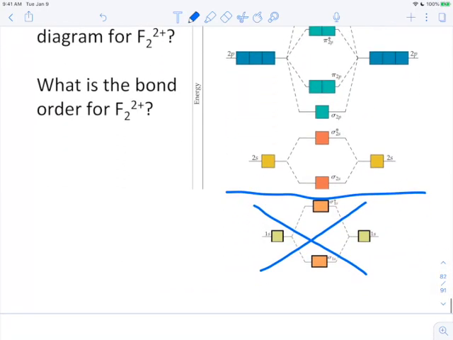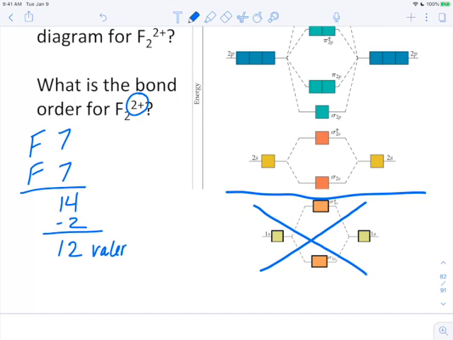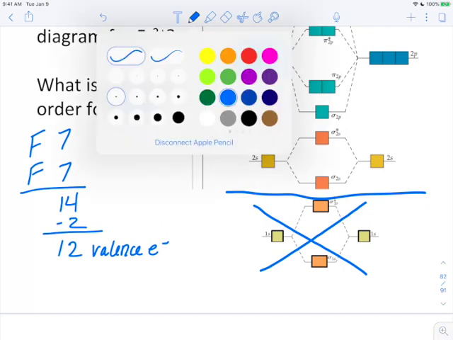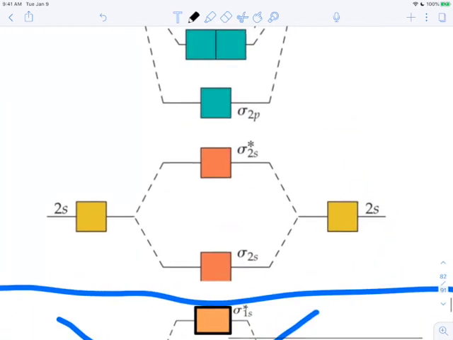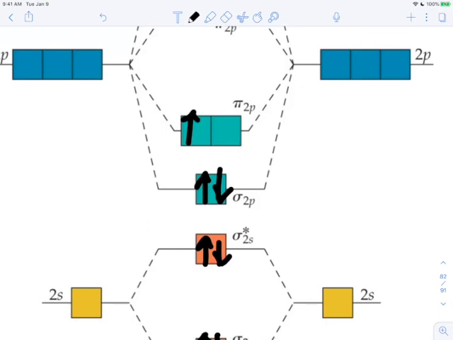So I'm going to start by counting up our valence electrons. Each fluorine has 7 for a total of 14, but then we have a +2 charge, which means we have to take 2 away and make it 12 valence electrons. Any questions on how I did the valence electron count? All right, so now let's go ahead and fill in. I'm going to start down here and say 1, 2, 3, 4, 5, 6, 7, 8, 9, 10.